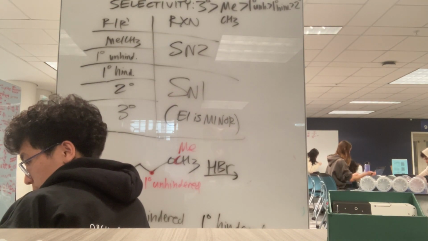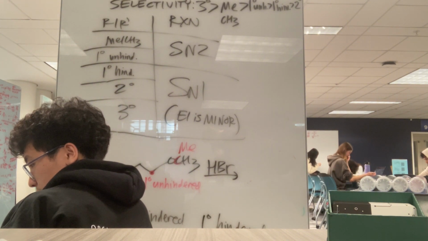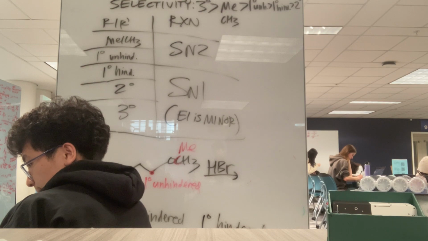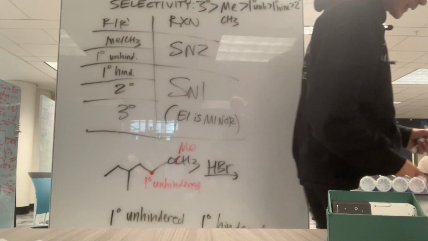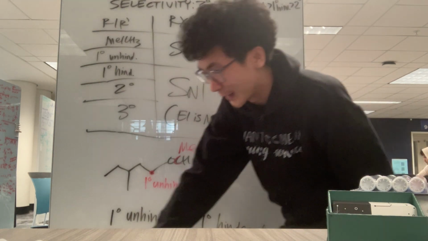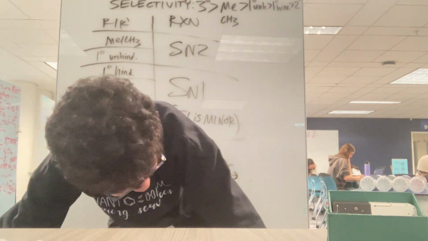Yeah, tertiary, primary unhindered. Yeah. Was there a key to this problem here? I want to double check before I move on to the next thing. Okay. Yes. I made the key right here, but this is a typo right here. This is not right. That's right there. Okay, that's good. That makes sense now.